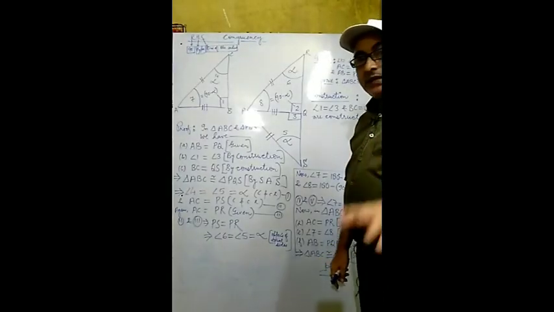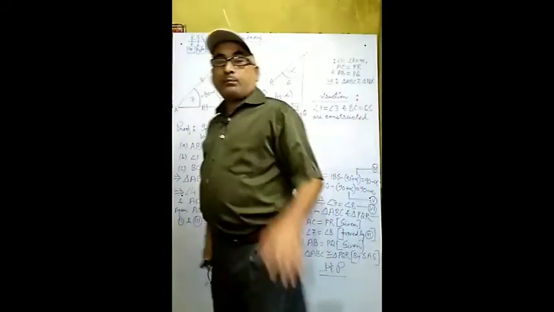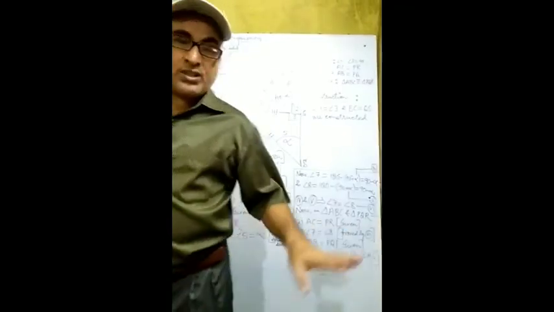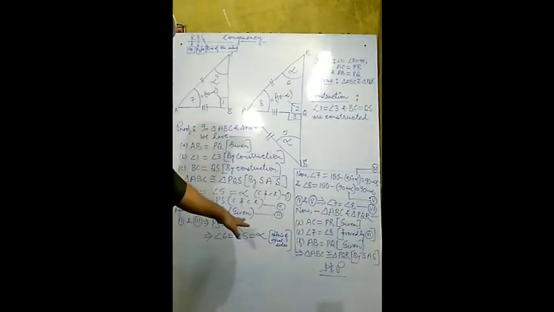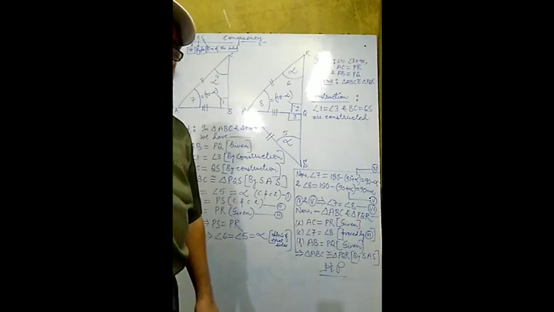Either take a screenshot or pause there and note down the same thing. What is noted down here is already discussed with the help of these figures. I think you will understand the process of verification. In this way, we have completed both of the theorems.